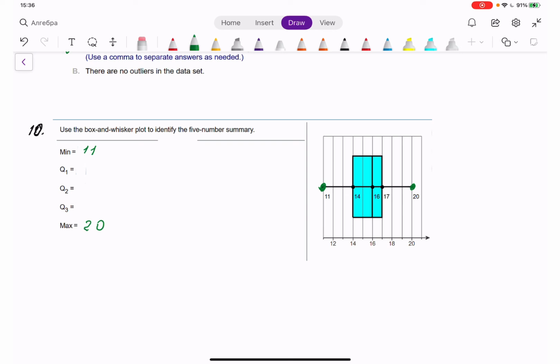Q1 is right here, which is going to be 14. Q2 is 18. And Q3 is 17. Oh, 16, I'm sorry. I was wondering how Q3 can be less than Q2. That's how I caught it.